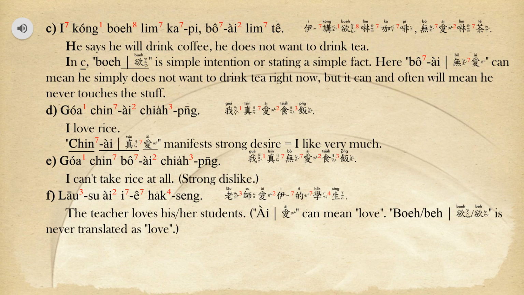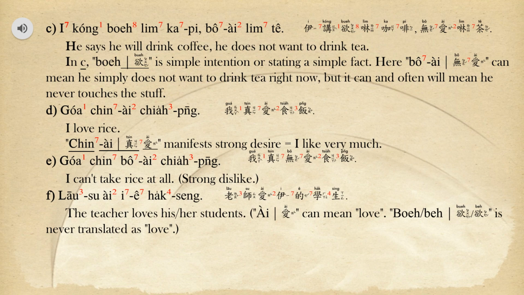In C, 要 is simple intention or stating a simple fact. Here, 無愛 can mean he simply does not want to drink tea right now, but it can and often will mean he never touches the stuff. D. 我真愛食飯 I love rice. 真愛 manifests strong desire, equals I like very much.